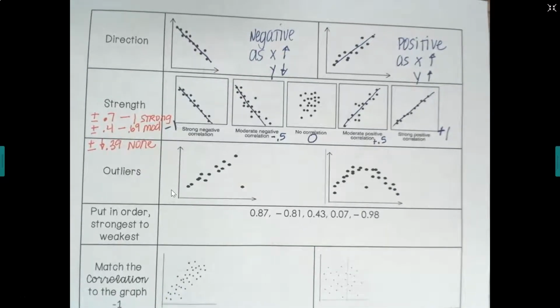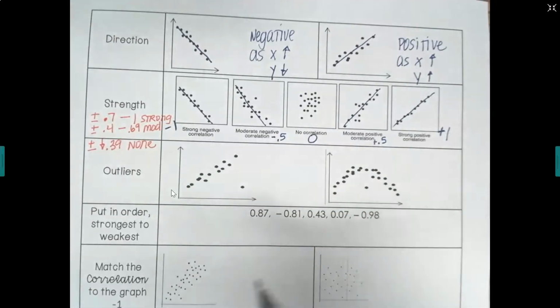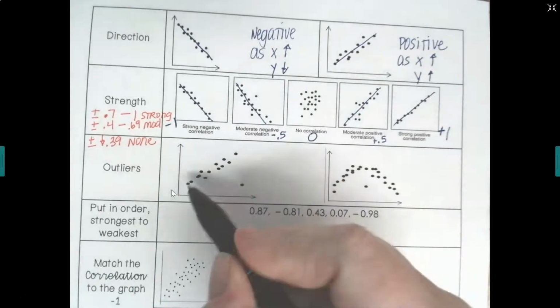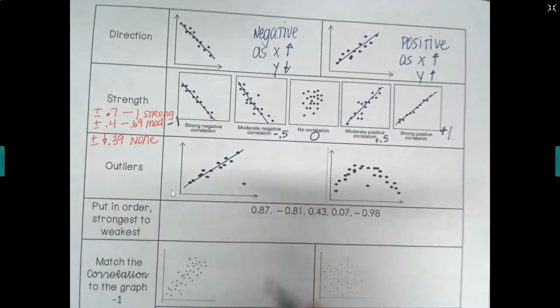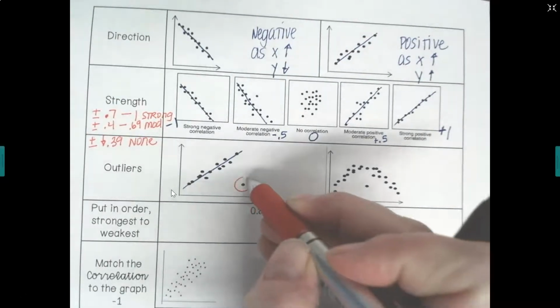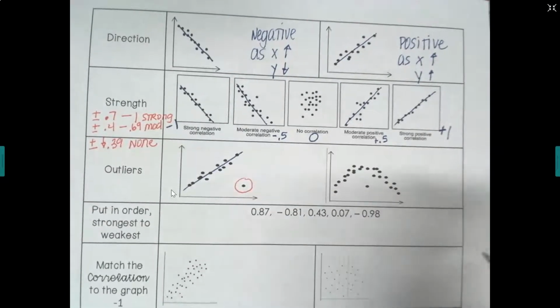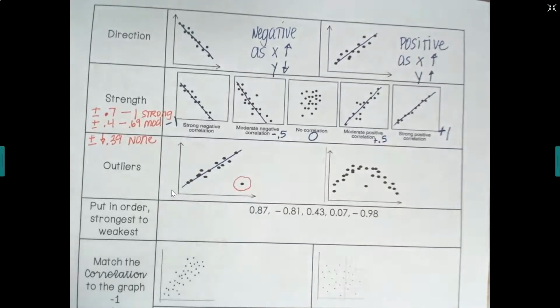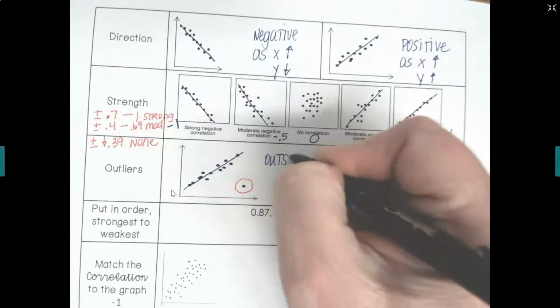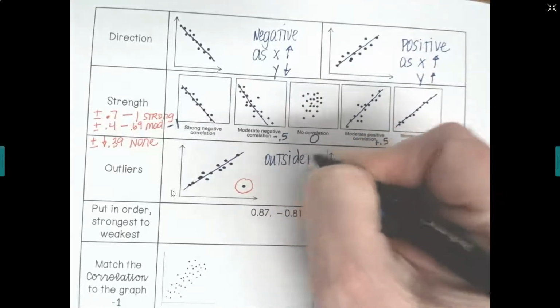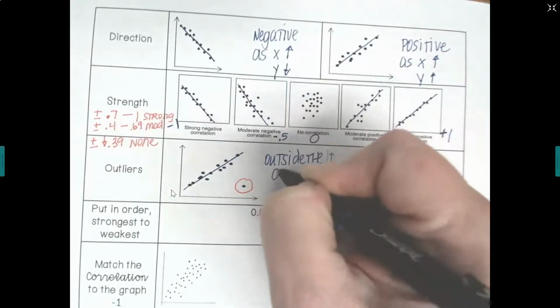So, outliers. Outliers fall outside the general pattern. So if we look at this scatter plot, you can very clearly see there's a pattern, but then there's this guy right there. He is outside of the general pattern, so he's probably an outlier. So we'll say outside the general pattern.